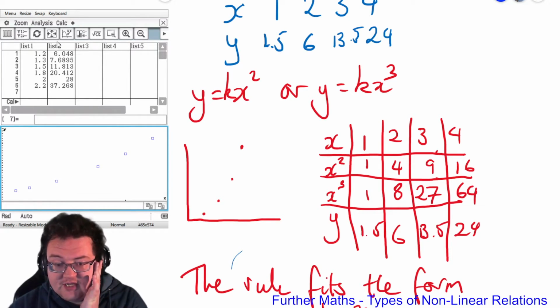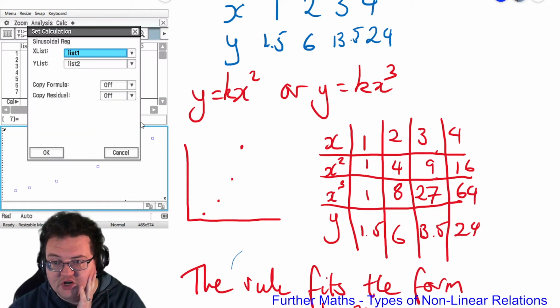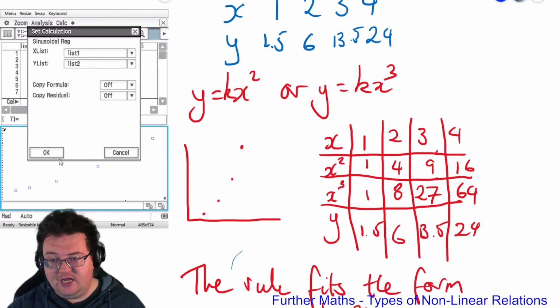So I go into calc, calc regression, and what I want to do is a power regression. It's going to make a comparison. So I'm going to take the X list and the Y list, and hit OK.